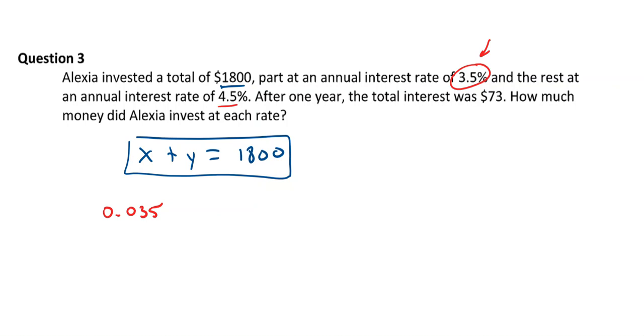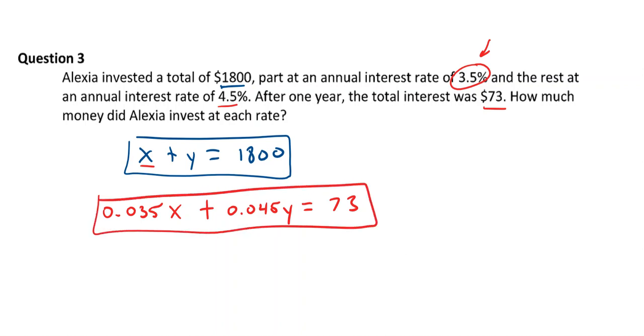So it's that times the amount for x, that's the interest she made on the first chunk. And then she also invested the second chunk, so 0.045 times y. This percentage of that one and this percentage of that one ended up adding up to $73 in the end. Okay, so there are our 2 equations.